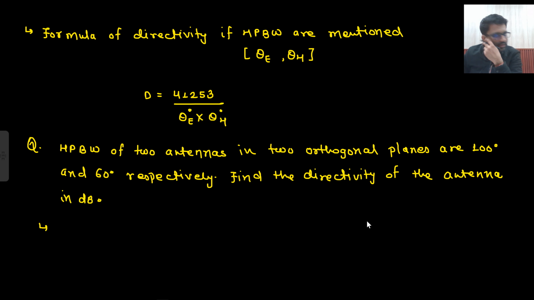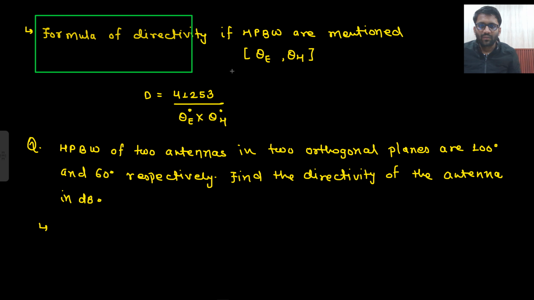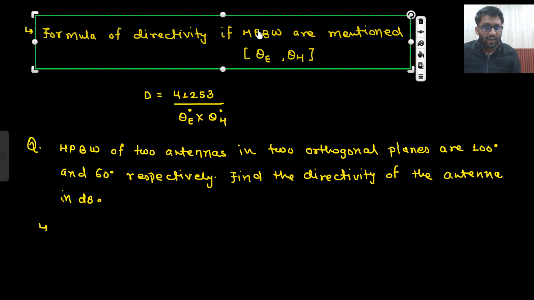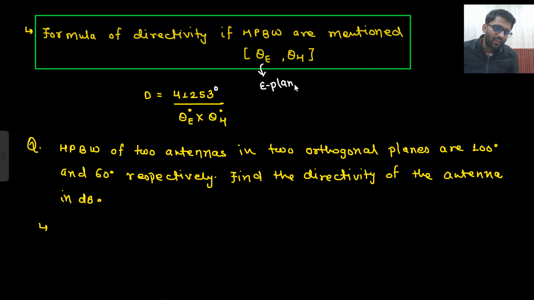Let's see more questions. There is a formula for directivity, the formula if half power beamwidths are mentioned. What is that? 41253 degrees divided by the half power beamwidth of the E plane and the half power beamwidth of the H plane.